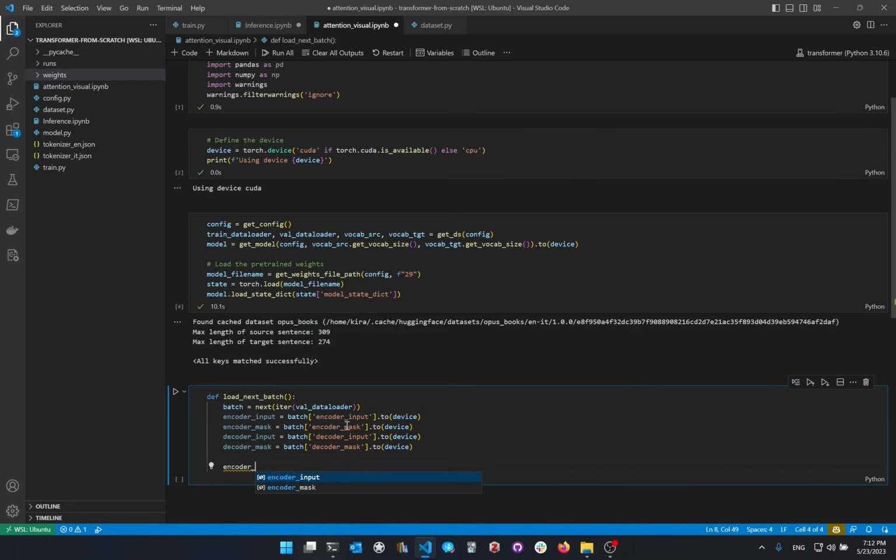I will convert the batch into tokens now using the tokenizer. And of course, for the decoder, we use the target vocabulary, so the target tokenizer.